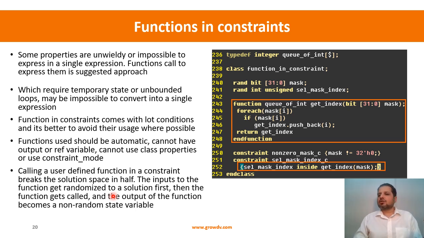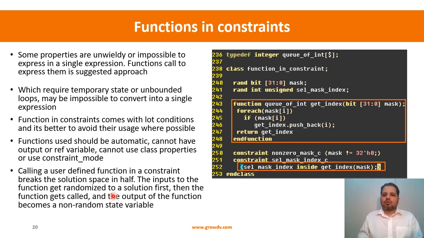That iteration is not going to happen. So if it cannot satisfy, it just fails. So if you want to truly have the power wherein all the constraints are solved simultaneously and you arrive at a legal solution space, then you should try to avoid using functions.